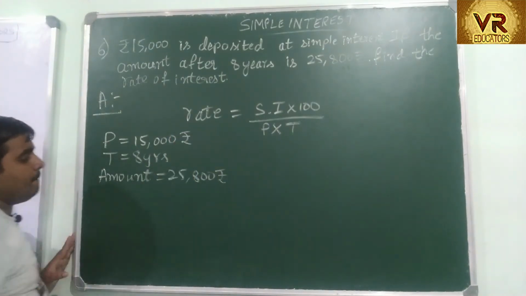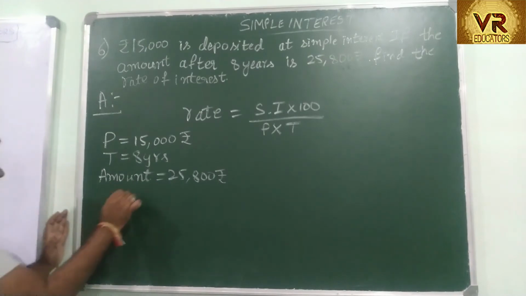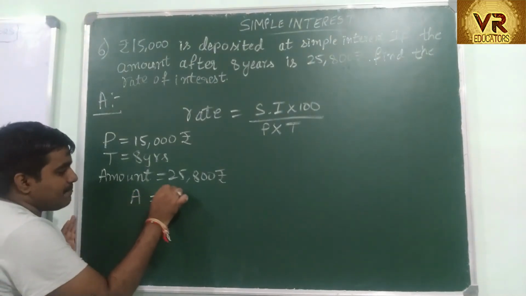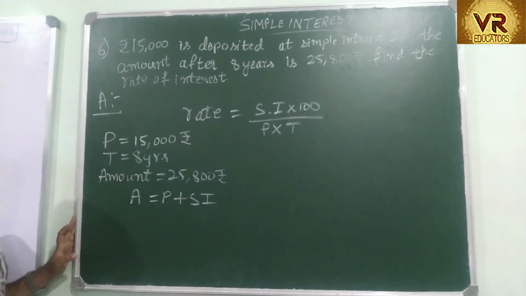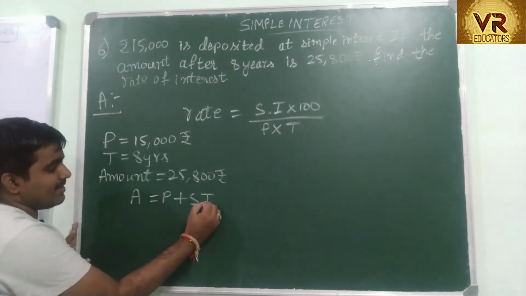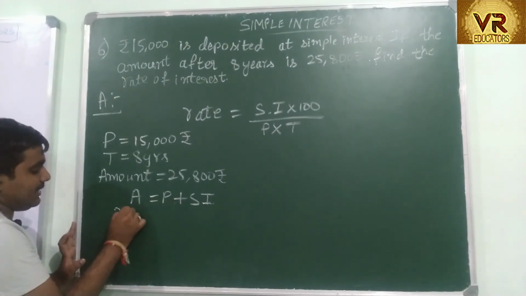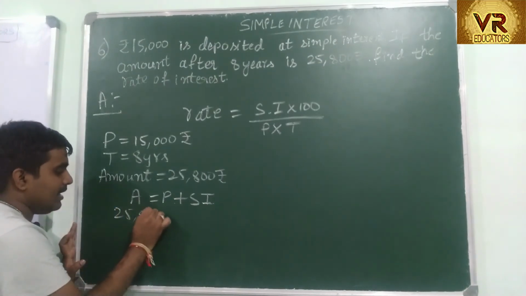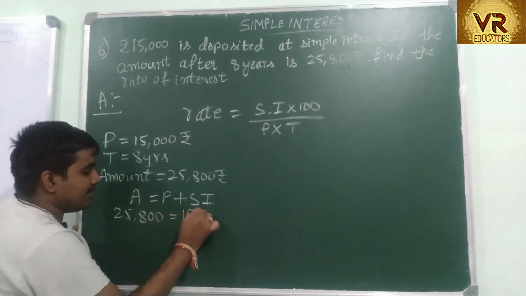Okay, so now you can find simple interest from this formula. You know that amount is equal to principal plus simple interest, right? So to find simple interest, you know the principal. Let's write down. Amount is 25,800. Principal is 15,000.